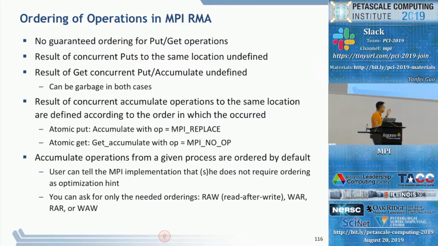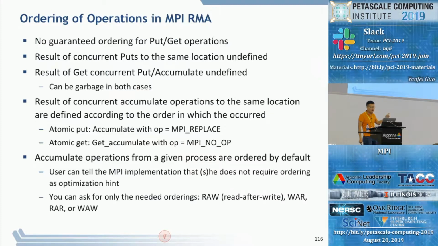If I know that my application doesn't need some of these ordering guarantees, for example, I don't need write after write, I can pass that into MPI using a hint. So MPI would know that it's not needed, so it can optimize the implementation.